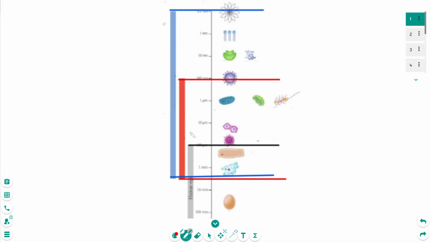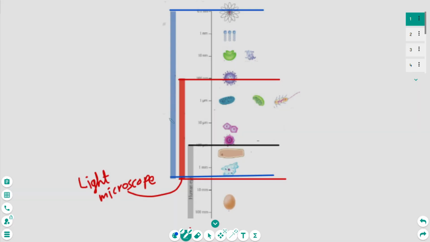The red one is called a light microscope. The blue one is the electron microscope. The light microscopes were the first types of microscopes invented, in the late 1600s.